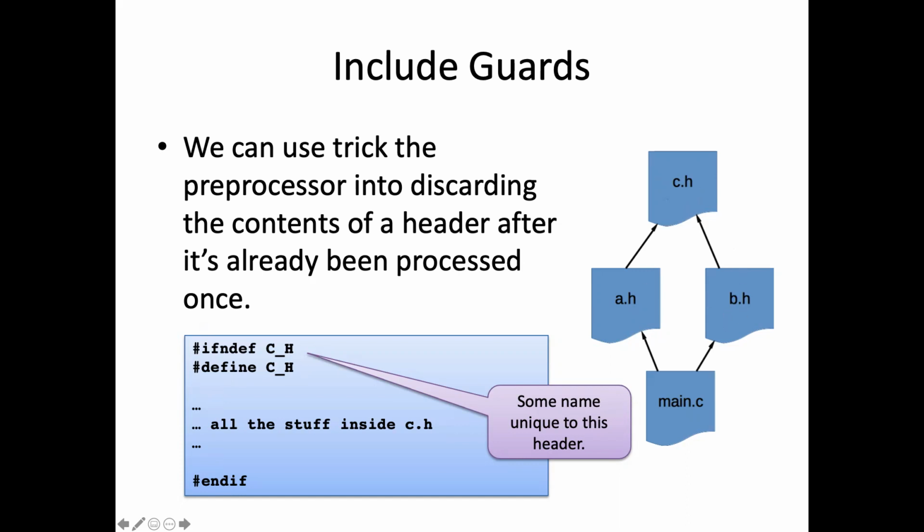If through some other path the same header gets included again, now c.h is defined. So the compiler will leave out the rest of this code, and it'll only get seen once. That's probably a long explanation for a simple idea, but this is intended to prevent the compiler from seeing the same header code twice.